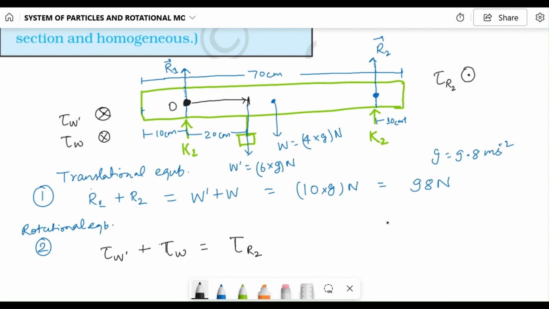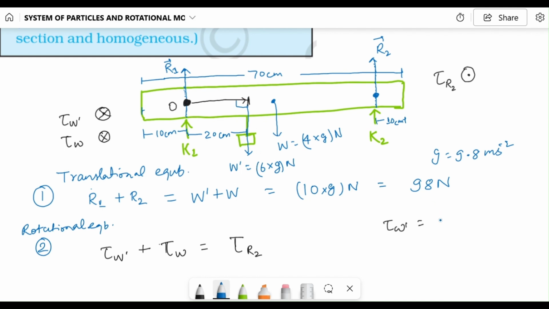So let me write it here. T W prime will be R cross F. And if we are doing R cross F here, so sine theta will be 1 because theta is 90 degrees here. And in all the cases, theta is 90 degrees. So we can directly write R into F here. What is R here? So 20 centimeters times 6G.